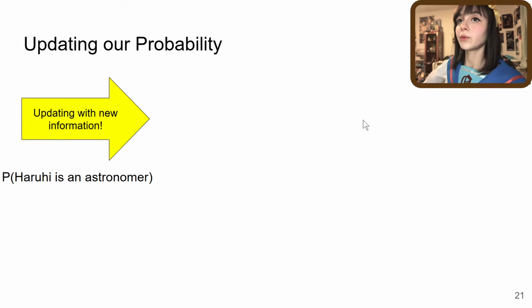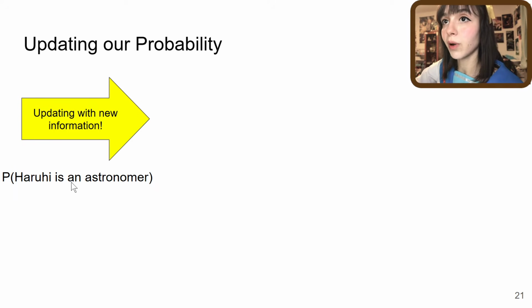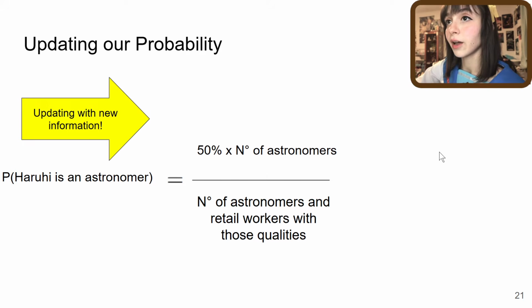So now we update with new information. So we have the probability of Haruhi being an astronomer would be 50%, which is, like we said, the probability that an astronomer shared these qualities, times the number of astronomers, divided by the numbers of astronomers and retail workers that have these qualities.